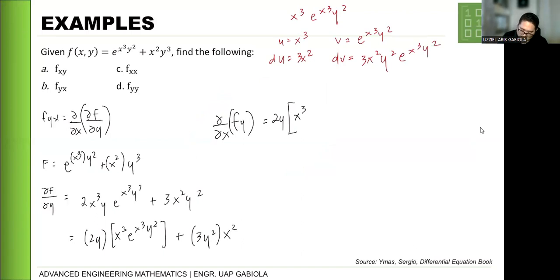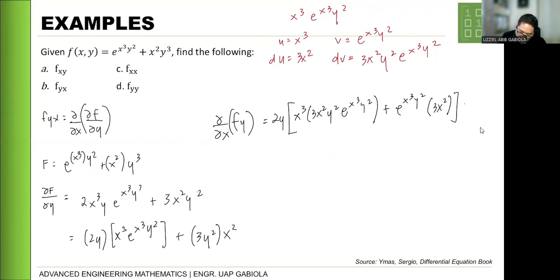Okay? So substitute u and dv. So this will be 3x squared y squared x cubed y squared plus v du. Yan, v times du.